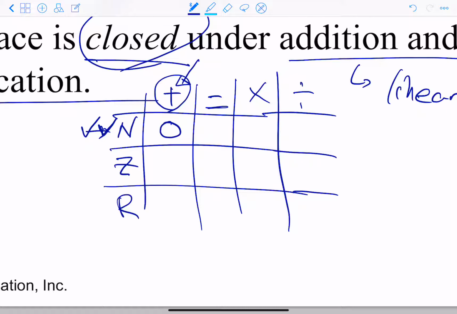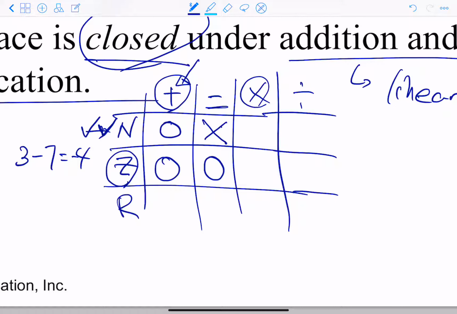What about subtraction? It is not closed, because, for example, 3 minus 7, which is negative 4, is not a natural number. But the set of integers is closed under subtraction.